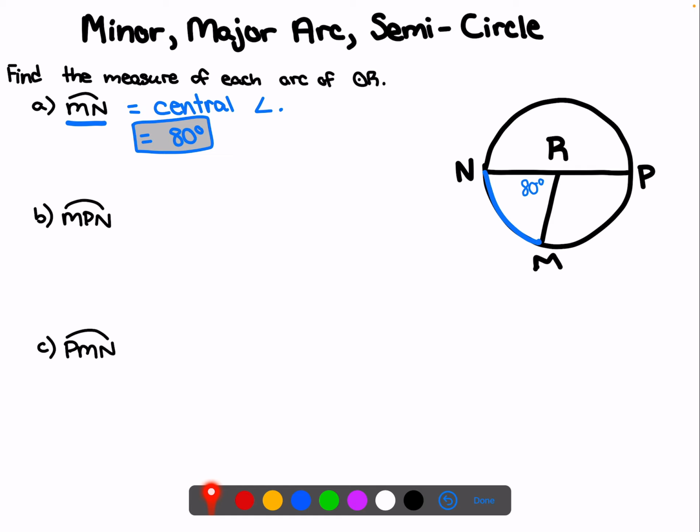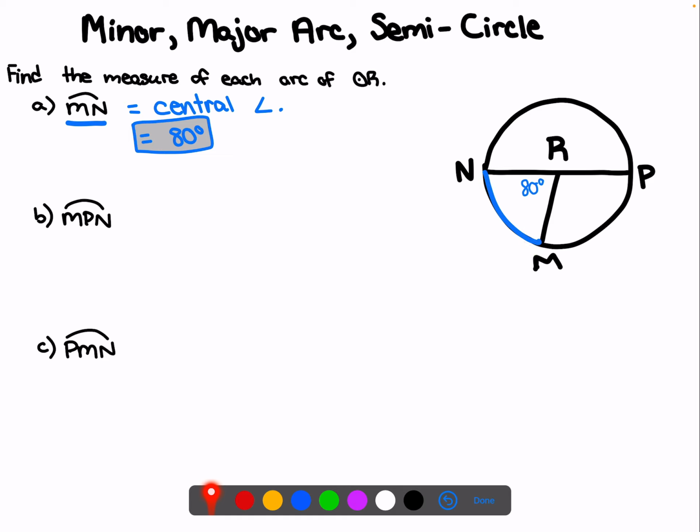Next, we have arc MPN. This time we have 3 letters, so that's probably going to be a major arc. And our second letter is telling us direction. So I start at M, our first letter, I travel towards P, and then I end at N. So it's this full arc here. Now, I know that there's 360 degrees in a full circle. I'm not traveling the full circle though. I'm traveling all the way except these last 80 degrees here in blue.